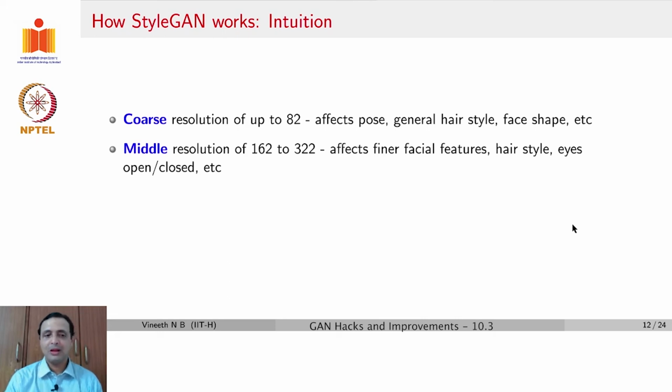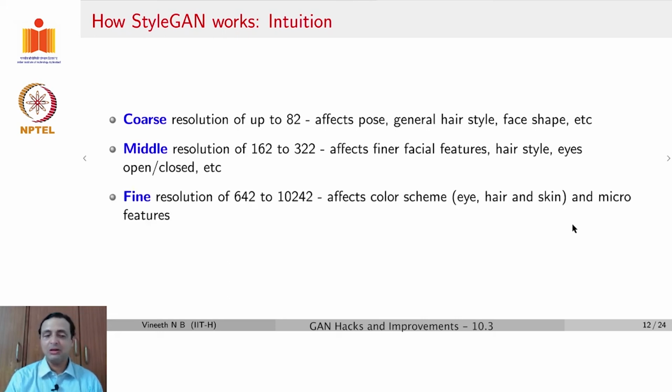And at the highest resolution, a fine resolution anywhere between 64² and 1024², it affects the color scheme for eye, hair and skin, as well as introduces micro features on the face.